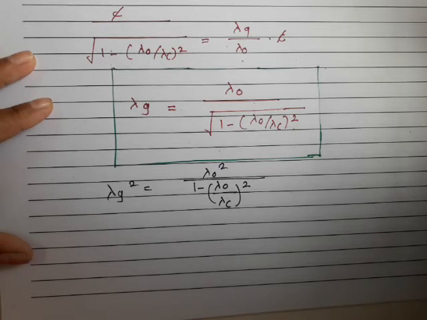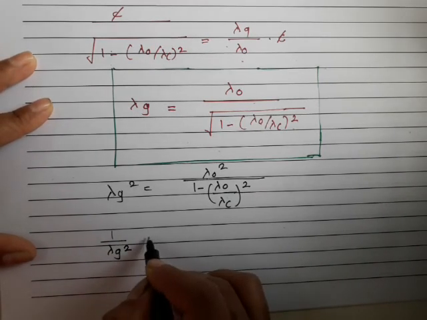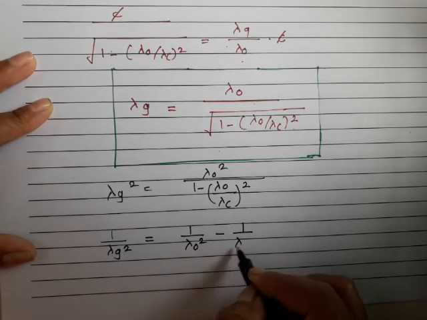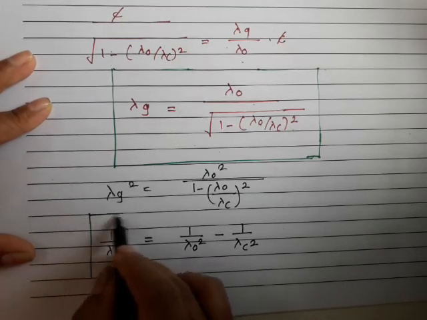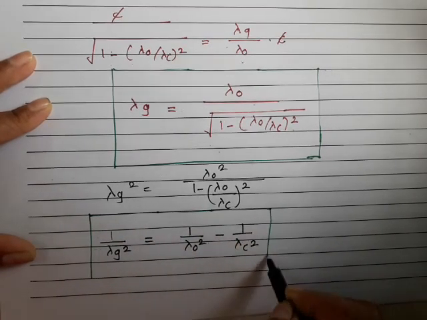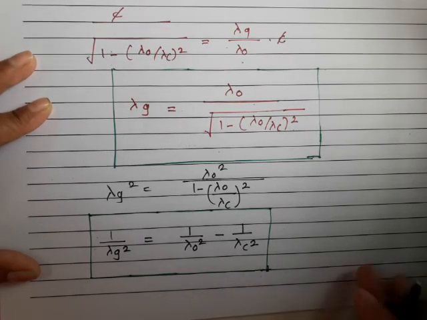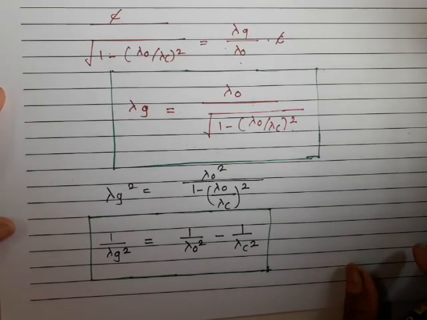That relation is 1 upon lambda g square is equal to 1 upon lambda 0 square minus 1 upon lambda c square. So this is all about the group velocity, phase velocity and the guide wavelength. Once you understand group and phase velocity, you can understand the guide wavelength and solve problems based on this. So we'll stop our session here. Thank you.